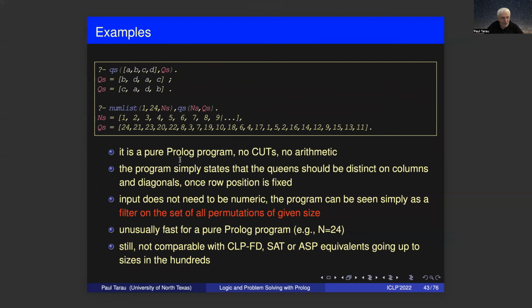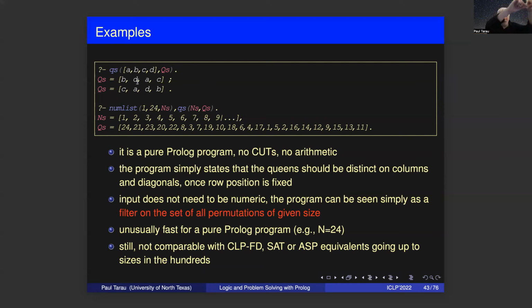Okay, the interesting thing about this program, and the Sudoku problem as well, is that they actually can be seen as filters on the set of all permutations of a given size. And because this problem doesn't really require numbers, I will show you here an execution with ABCD representing the queens. And what you would get as a solution is a permutation.